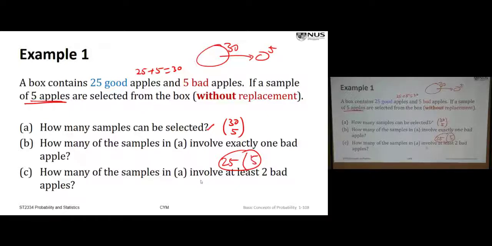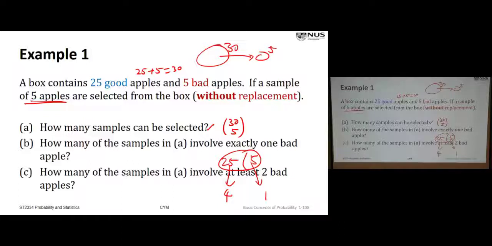From these 5 bad apples, you have to select 1, not more, not less, but 1 bad apple. Then, in order to form a sample of 5, you need to select 4 from these 25 good apples. Then how do we link up these 2 choices?